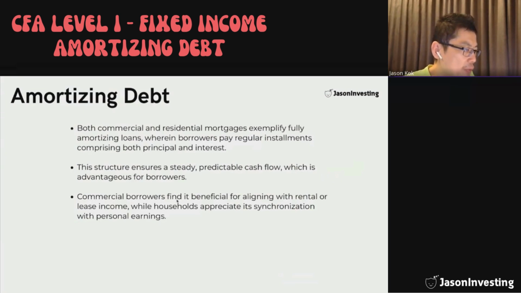Anyway, commercial borrowers find it beneficial for aligning with rental or lease income, while households appreciate its synchronization with personal earnings. So in the case of rental, a fixed mortgage payment makes planning a lot easier, especially if your income is fixed.